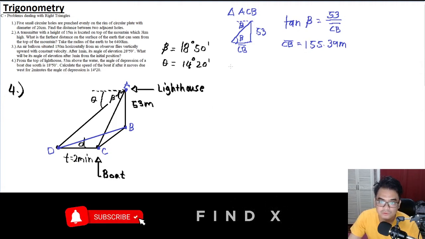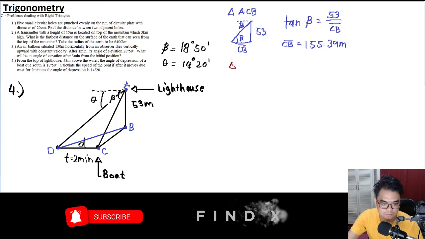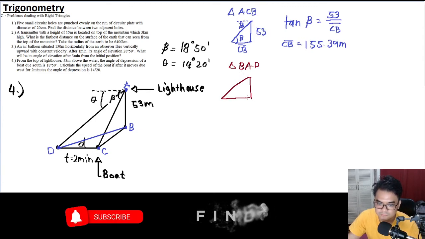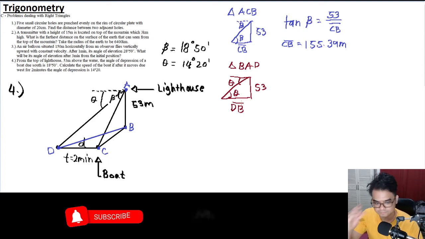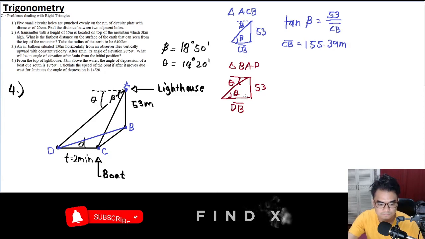Okay, so we can have the triangle BAD. This is 53, still 53. And this angle will be theta, and this is line DB. So again, we can use tangent.